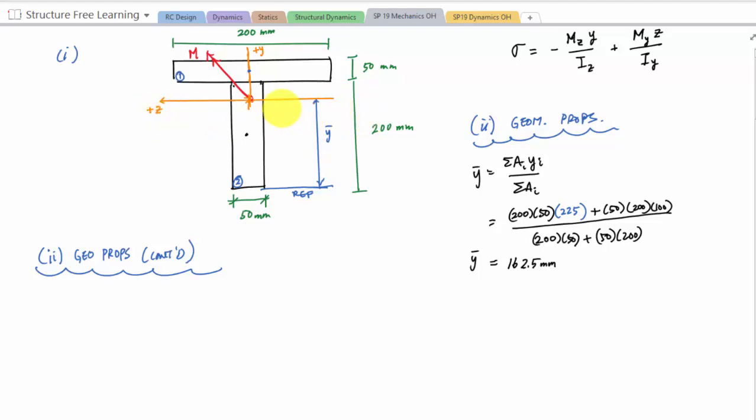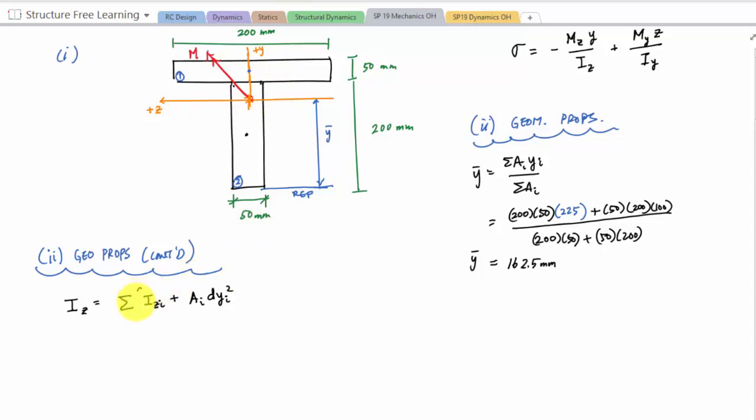This is what we've calculated in the past with just our My over I formula. This is the bending that we're used to. And here, Iz is the sum of Izi plus Ai dyi squared. And it's dy because the distances are in the y direction, the distance from the neutral axis to the center of each element.